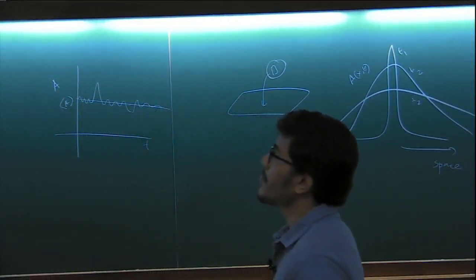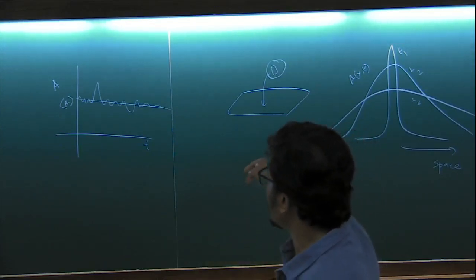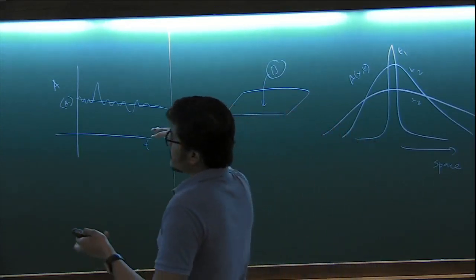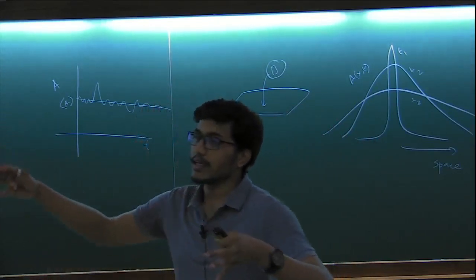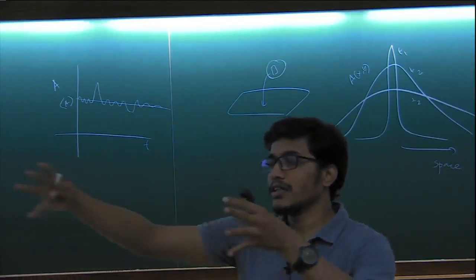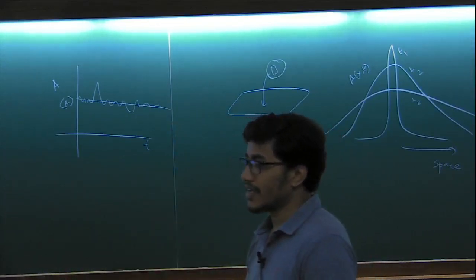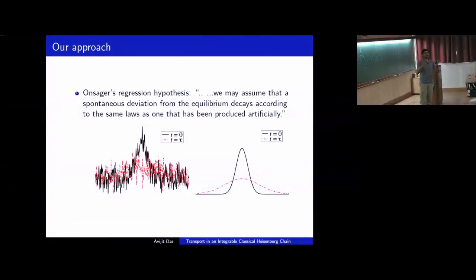And you'll see that given a generic system in equilibrium, this quantity is fluctuating, but sometimes there is some unusual fluctuation. For example, if you take this room, the gas at equilibrium is almost uniformly distributed. But there are thermal fluctuations.